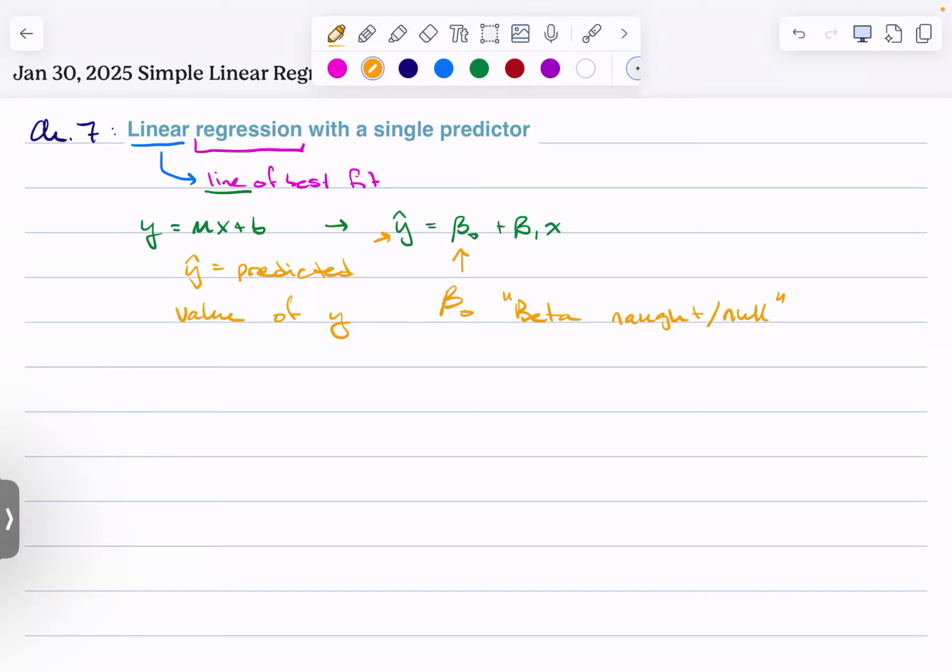And so beta naught is going to be the y-intercept. And then beta 1 is attached to the x. Whatever's attached to the x is the slope. And so beta 1 is the slope.